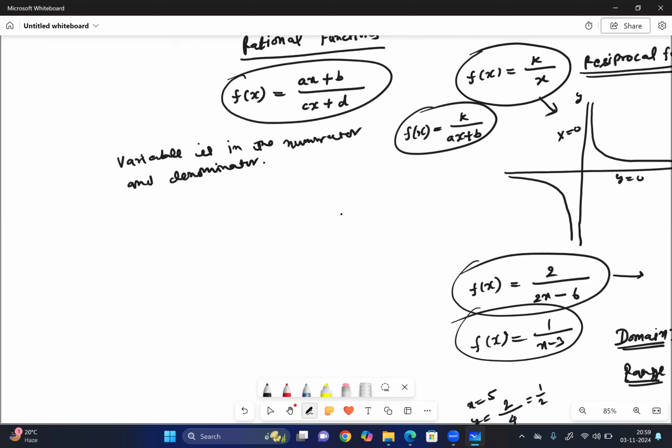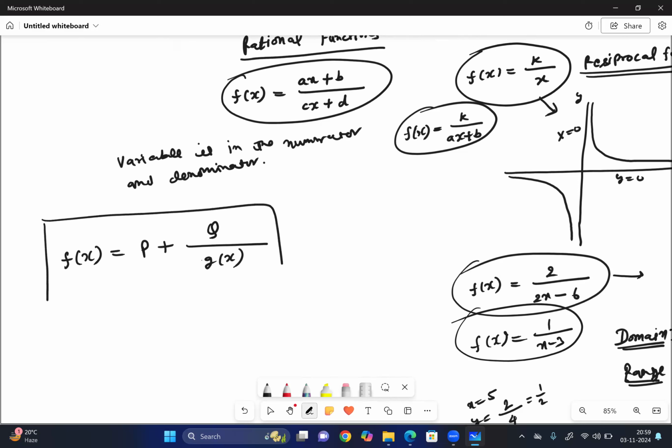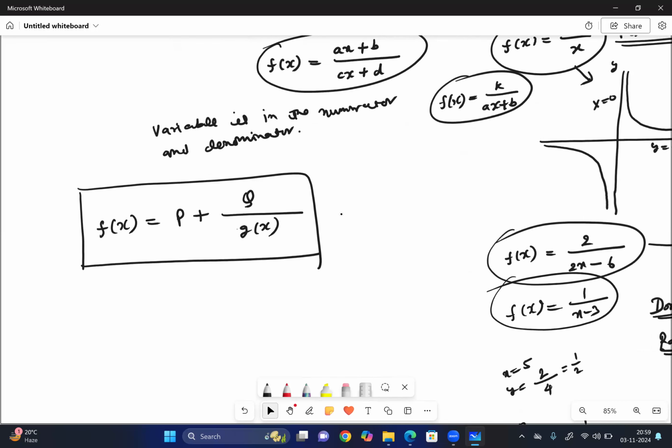So one thing you have to see is that sometimes we write a function in the form p plus q upon gx. This is the function which I have written right now.